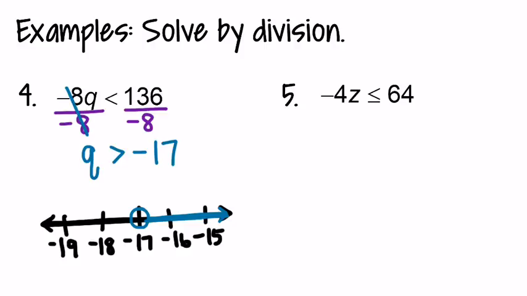Example 5, we have negative 4z is less than or equal to 64. Since negative 4 is being multiplied times z, I'm going to divide by negative 4 on both sides. Because I divided by a negative, that's going to flip my inequality over. The negative 4's cancel, so z is greater than or equal to 64 divided by negative 4, which is negative 16.